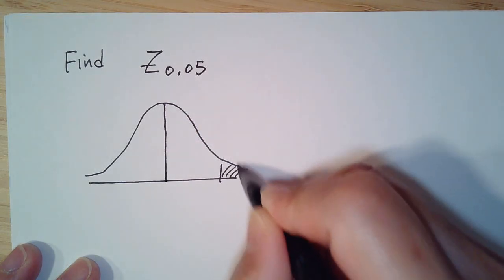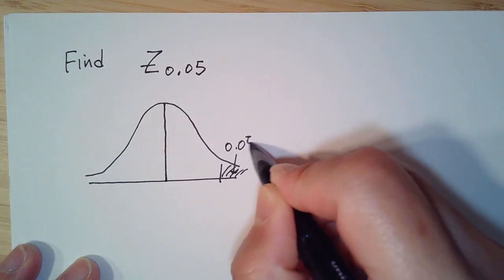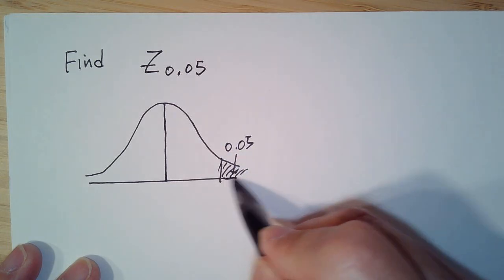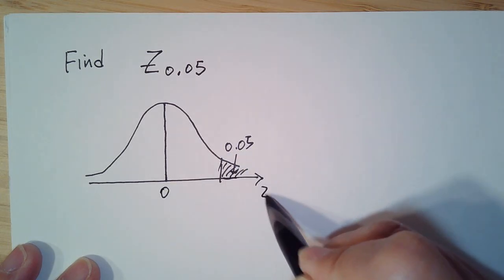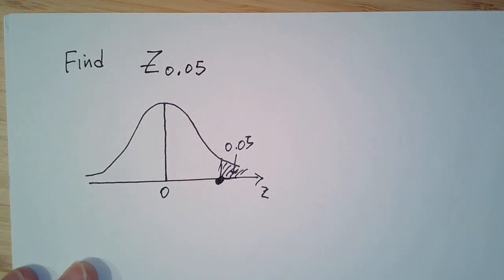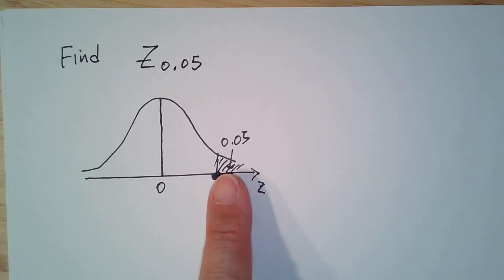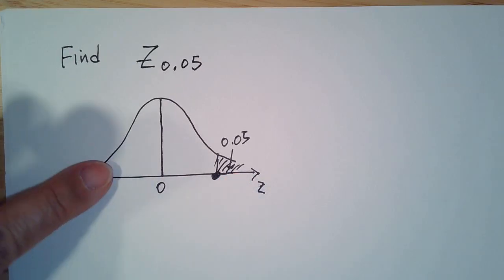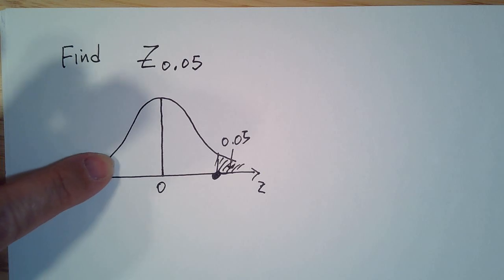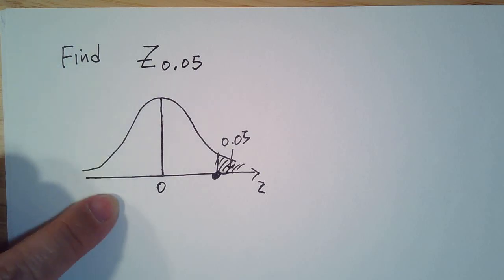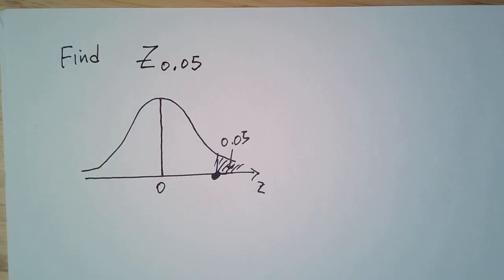This area is 0.05, and we're looking for this z-score. If we're looking for 0.05, we can find this little tail area as 0.05 and find whatever z there, and then we just change the sign.